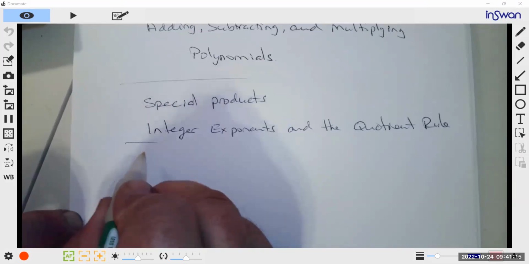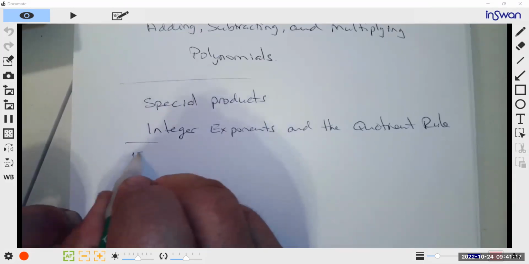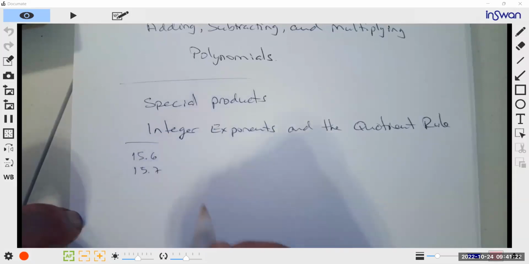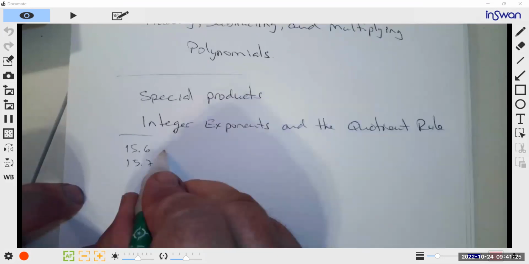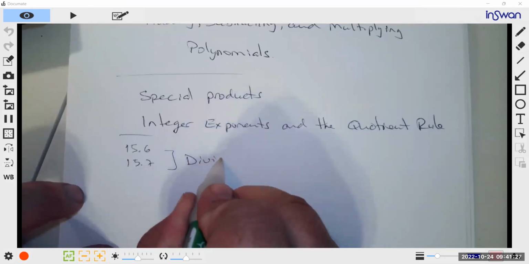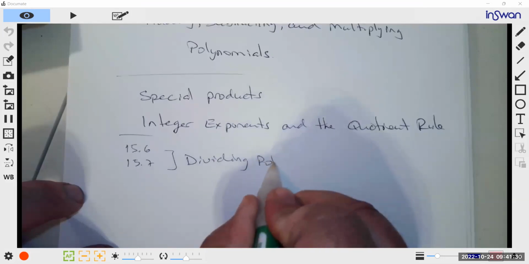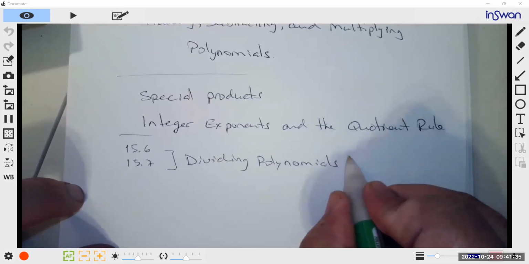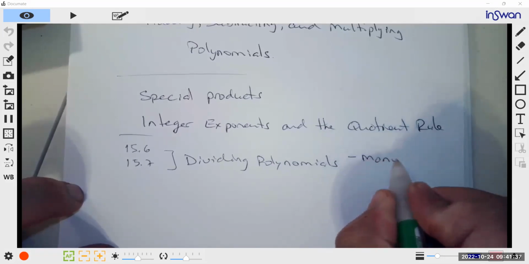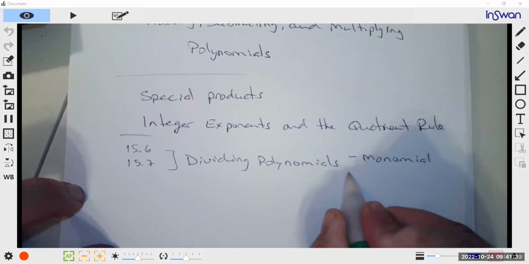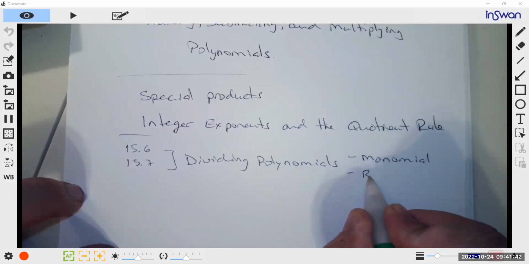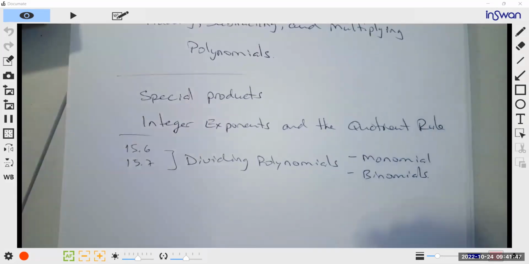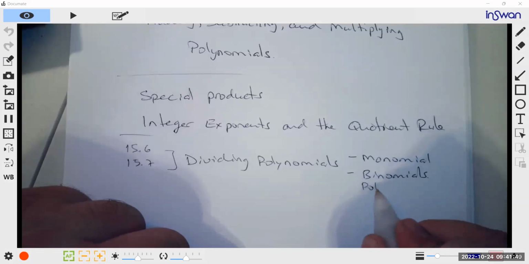And then the last sections, 15.6 and 15.7, both deal with dividing polynomials. 6 is by monomials, and 7 is with binomials, or let's say polynomials in general.